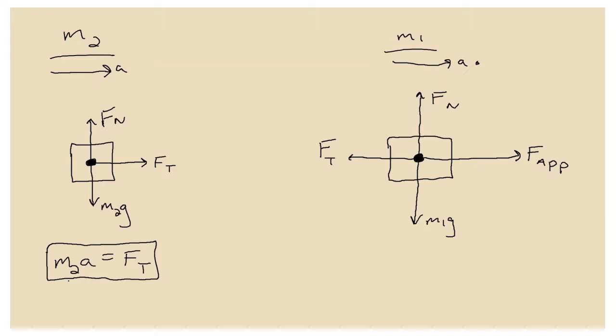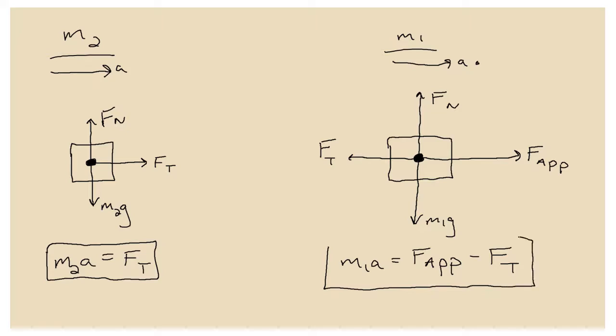Additionally, for the block M1, we have M1A equals the forces going in the direction of the acceleration, which is F applied, and then we subtract the forces going in the opposite direction, Ft, the force of tension. And there's our equation for M1.